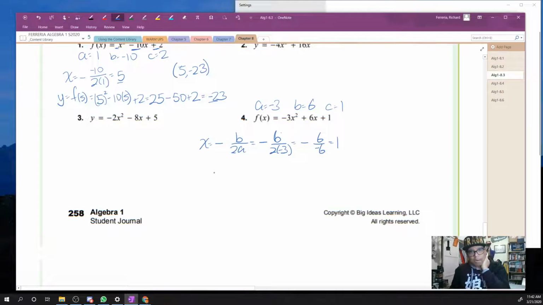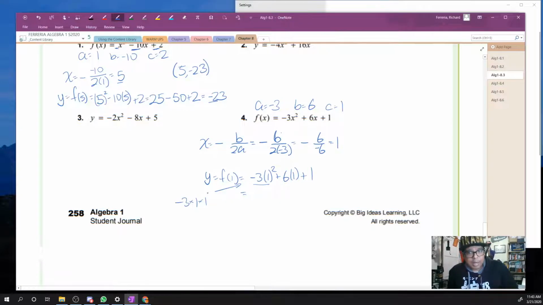Okay, the y-coordinate is equal to f of 1, which is negative 3 times 1 squared plus 6 times 1 plus 1. Okay, do all the multiplication. 1 squared is 1, negative 3 times 1, or you might want to think about that as negative 3 times 1 times 1. That might be easiest for us.